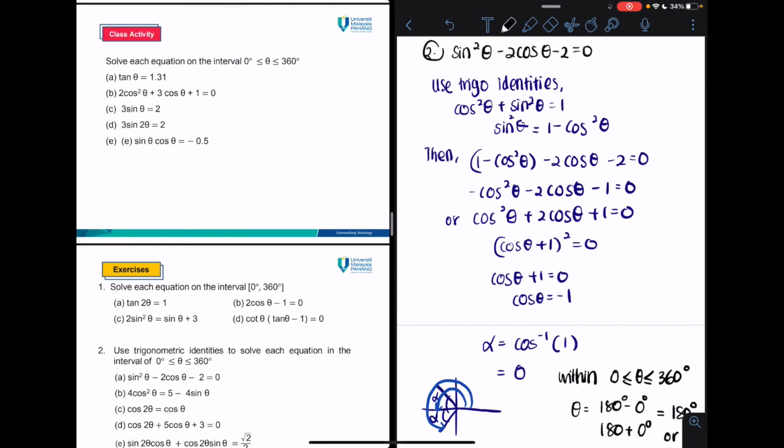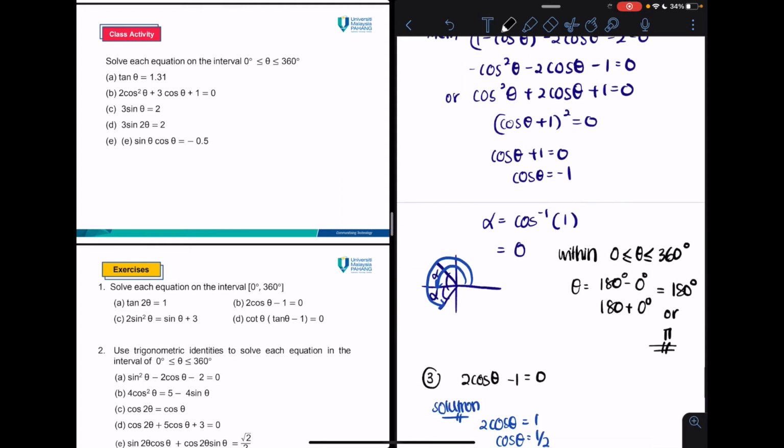Or if you bring the whole thing on the left hand side to the right hand side, you will get cosine squared theta plus 2 cosine theta plus 1 is equal to 0. By factorizing completely, you will end up having cosine theta plus 1 squared equal to 0. Then you are trying to solve for cosine theta equal to negative 1.